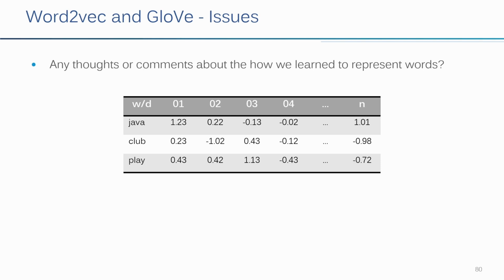Yes? Yes, that's more of a technical problem, but that's true, especially if you are considering GloVe, this is even more problematic. If I ask you to tell me what is the meaning when I'm talking about Java as a coffee and not as a programming language, how would you pinpoint this to me in this representation?